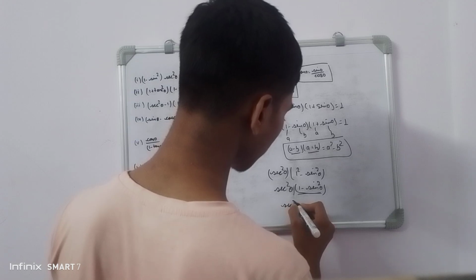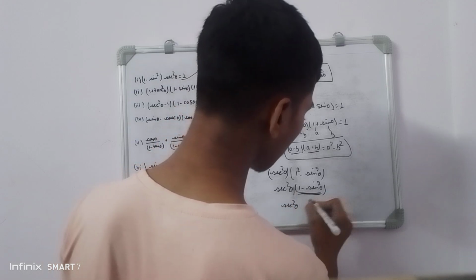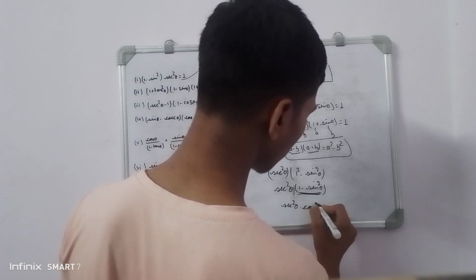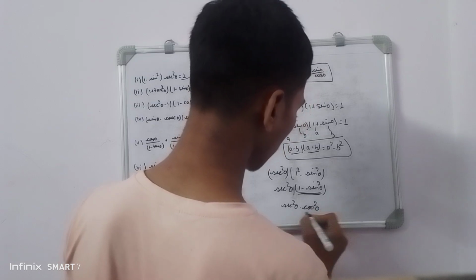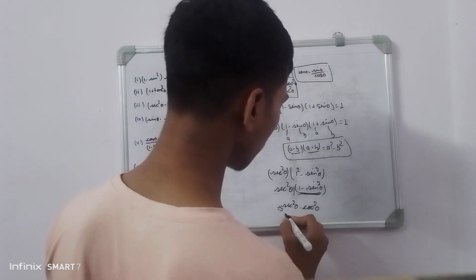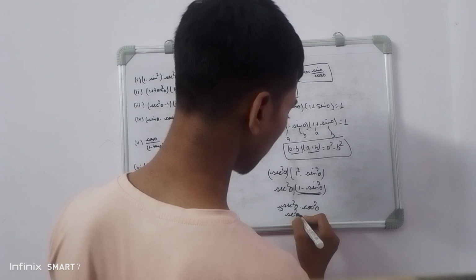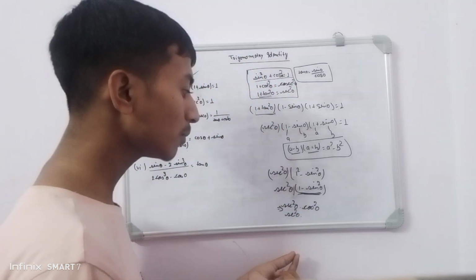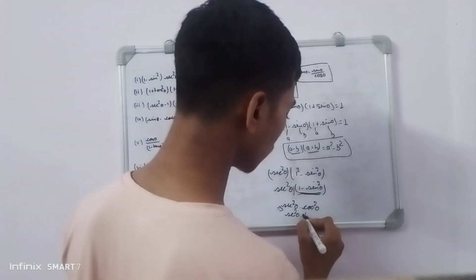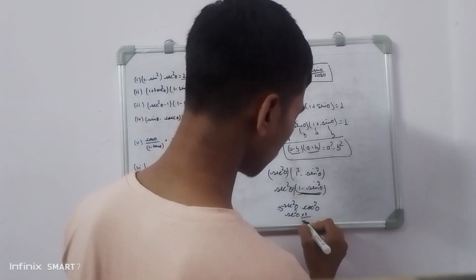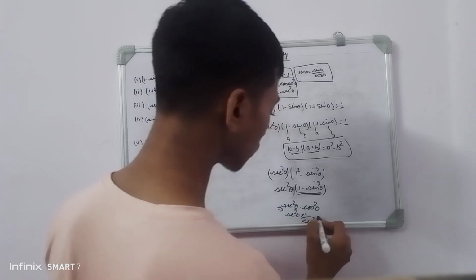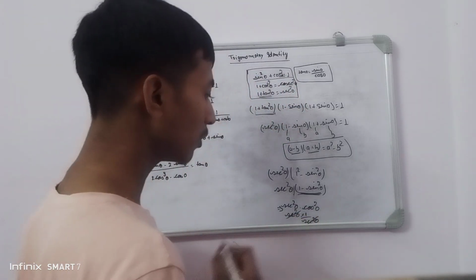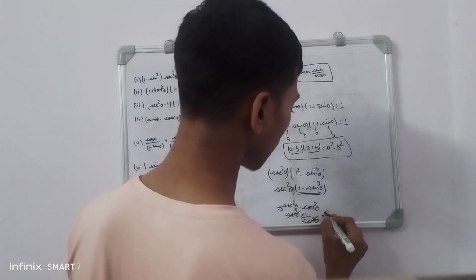So here we have sec square of theta, and this part can be written as cos square of theta, which we have to prove is equal to 1. Sec square of theta is the reciprocal of cos square theta, that is 1 by cos square theta, so sec square theta and cos square theta cancel out, and we get the answer 1.